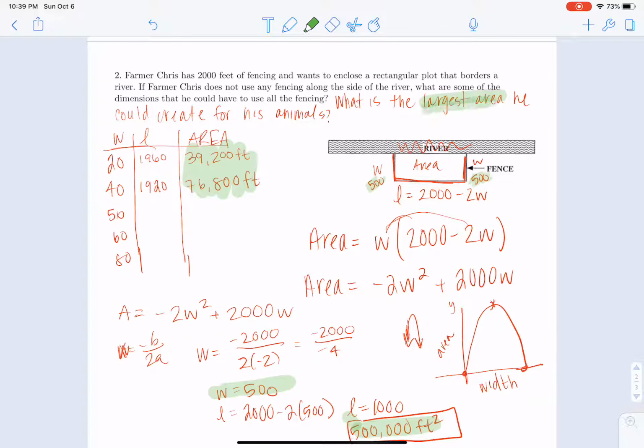So looking for the largest area, we would call this problem, it's certainly an application problem, but also an optimization problem. We're looking for an optimal value. So when we talk about these optimization problems, we're either looking for a maximum or we're looking for a minimum.